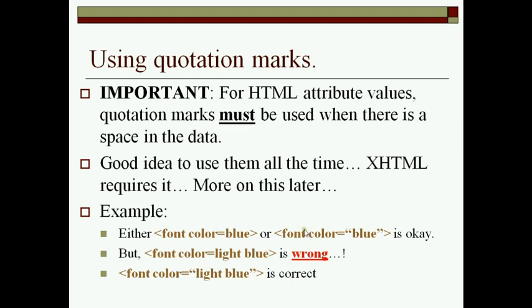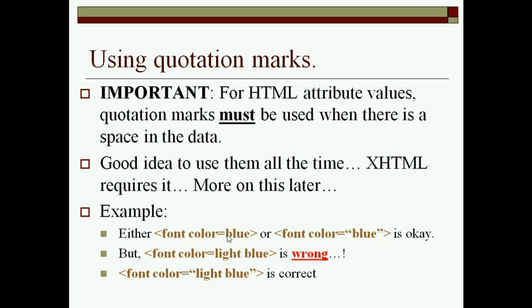Over here you have a tag specifying a font color. The font tag specifies that you are manipulating the font of anything that follows, and the color attribute indicates that you want the font to be blue. But you can write it this way too, without the quotation marks. It will still work.